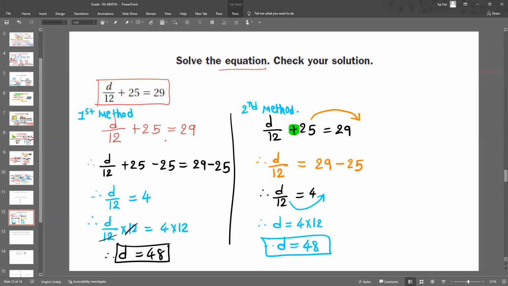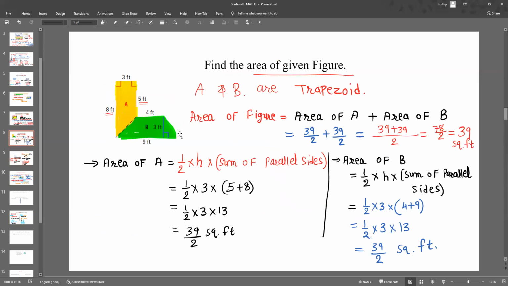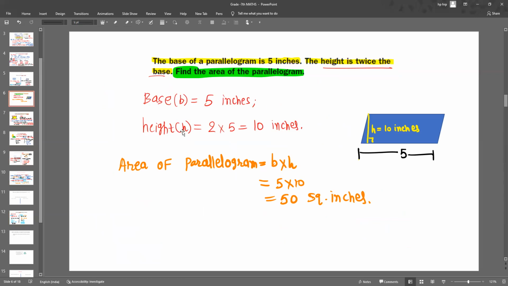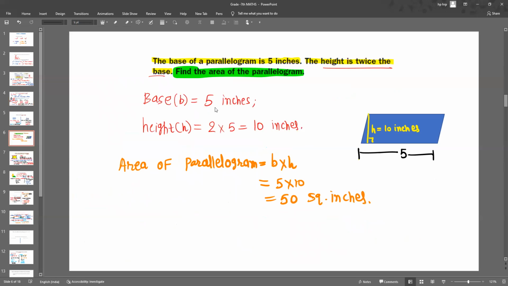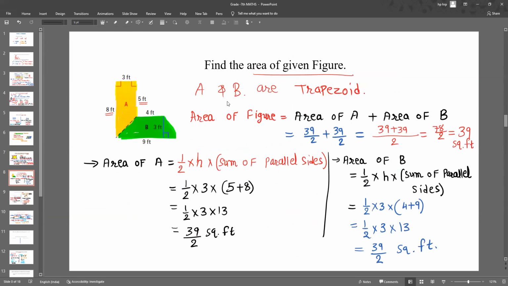Today I just discussed different questions. I took a question from algebra, this one is power and exponent. Some questions I took from geometry, this is a geometrical question, the area of a trapezoid, how can we find it?